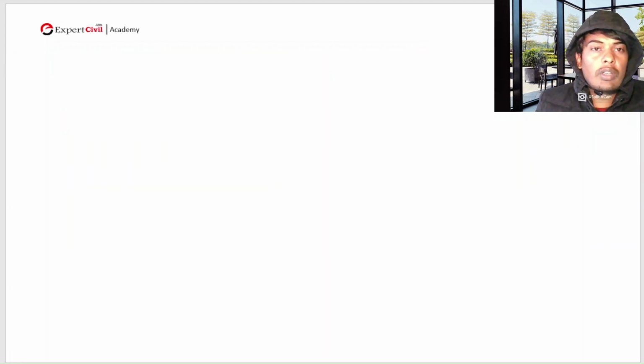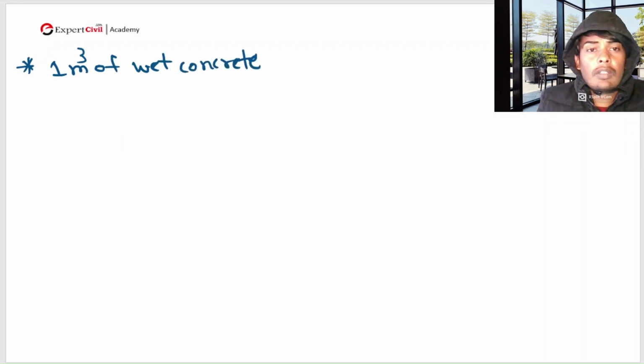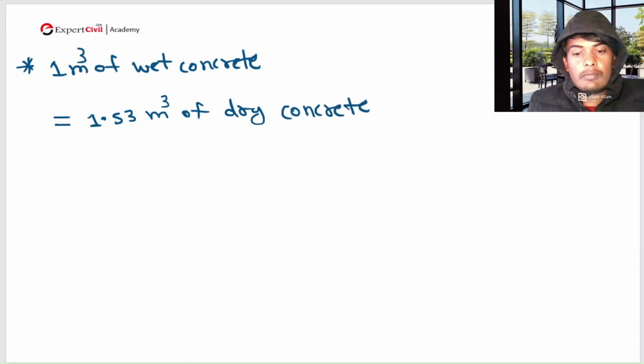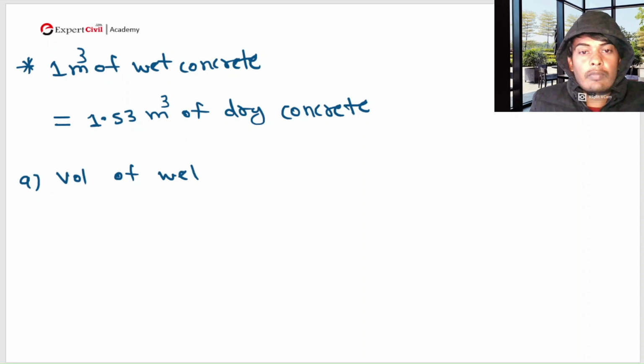And before going into the calculation, we must know that 1 meter cube of wet concrete is equivalent to 1.53 meter cube of dry concrete. So in part A, we will find volume of wet concrete.